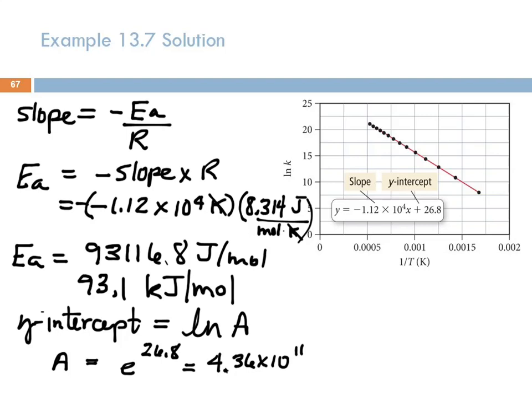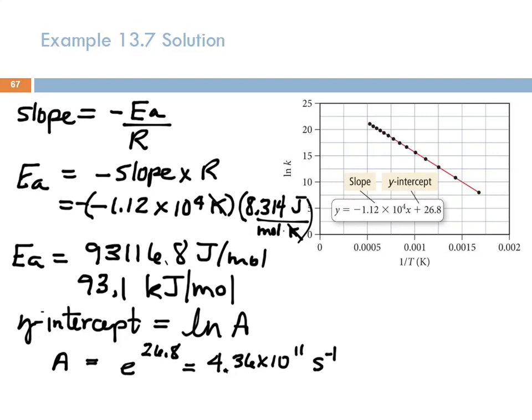You know what? I'm blanking on this. It's per second, but I'm blanking on why. It's the frequency factor. It's the approaches per second. Okay, so that was wrong.